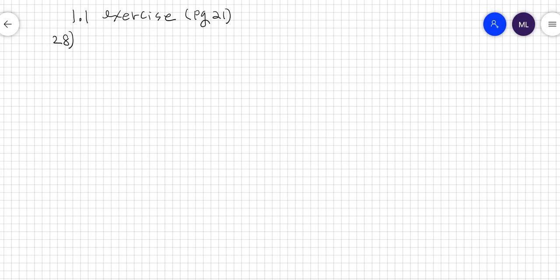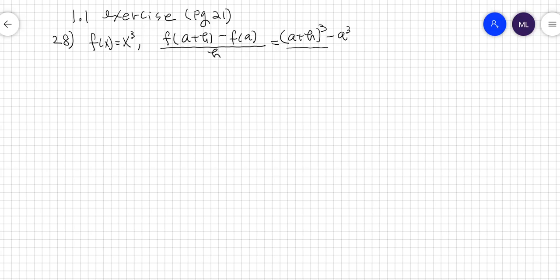Okay, so f of x is x to the third power, and they want you to evaluate f of a plus h minus f of a, everything over h. So that is a plus h to the third power minus a to the third power over h.